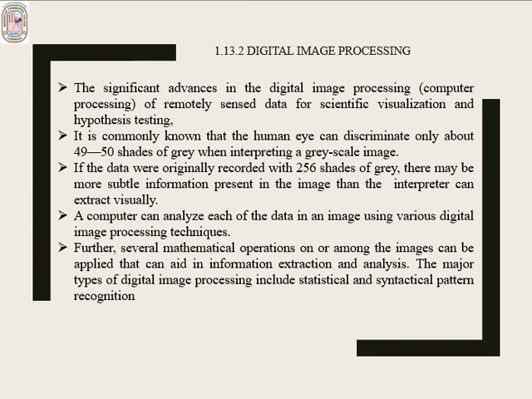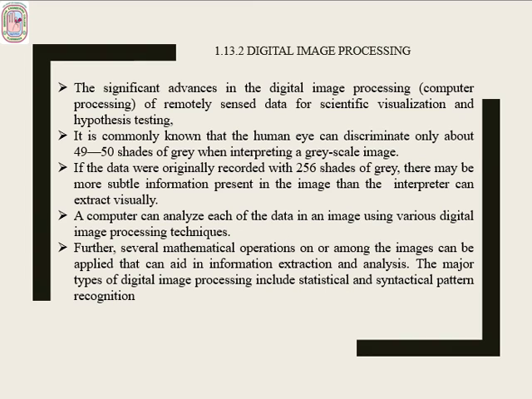It is commonly known that the human eye can discriminate only about 49 to 50 shades of gray when interpreting a grayscale image. But if the data is originally recorded with 256 shades of gray, there may be more subtle information present in the image than the interpreter can extract visually. So then we need to go for a computer.